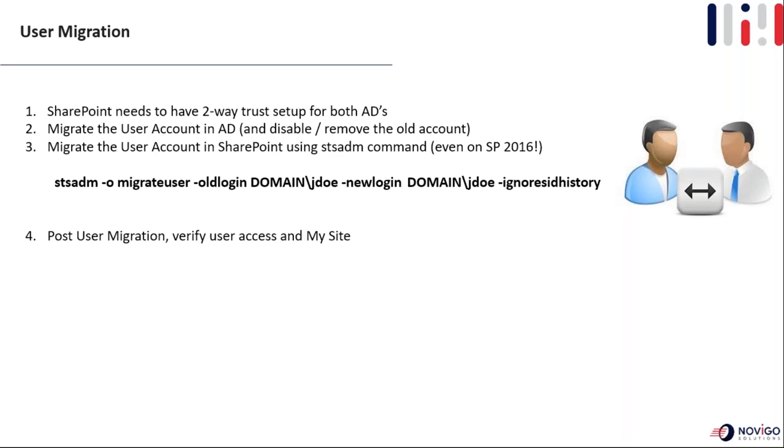If you are using claims authentication, you will have to add the claims authentication identifier as well along with the username. And it's very important to include ignoresidhistory in the command, because it will migrate the SharePoint users and make sure everything with the old user account is replaced with the new one.